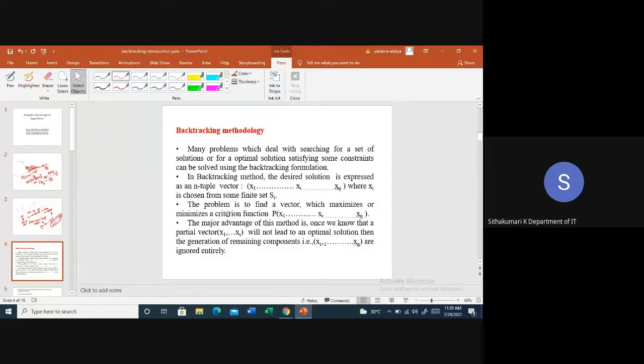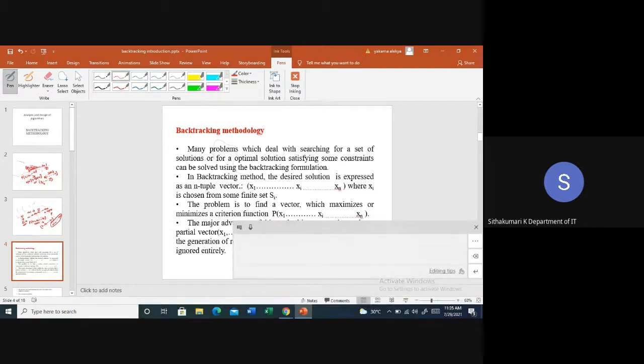Otherwise, for example, if Si is equal to {0, 1}, each xi value can be either 0 or 1. It cannot take any other value, because in the set Si you have defined only these two values. So each xi value that you find as the solution for the backtracking problem can be either 0 or 1.